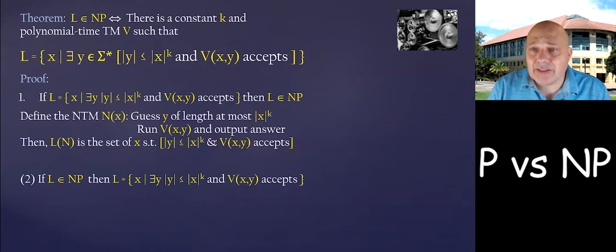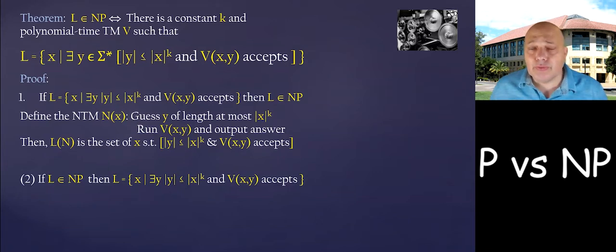So you only accept strings that are indeed in L. And every string that is in L, you could accept, because as long as you guess y, you can verify by running V of x, y that it is in L. So you just need to guess the right y. So indeed, there is an accepting computation.